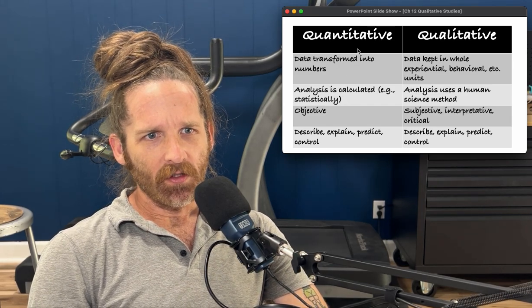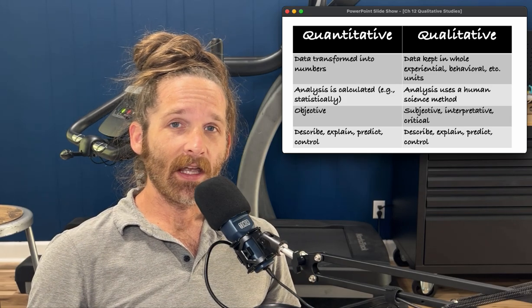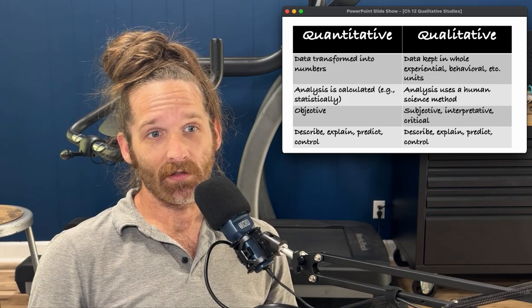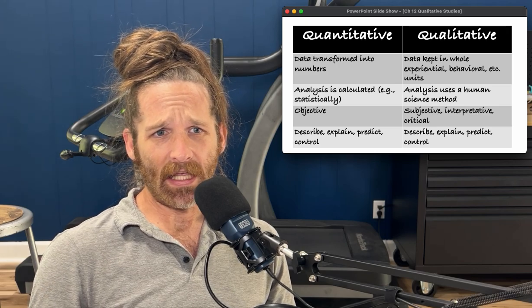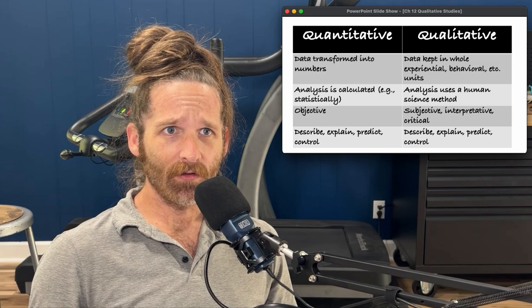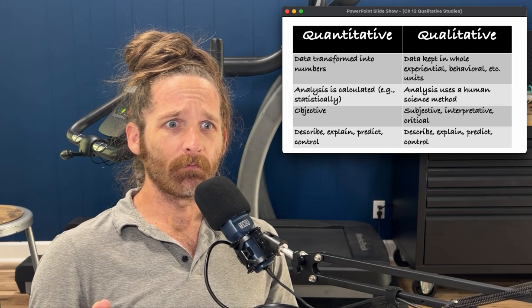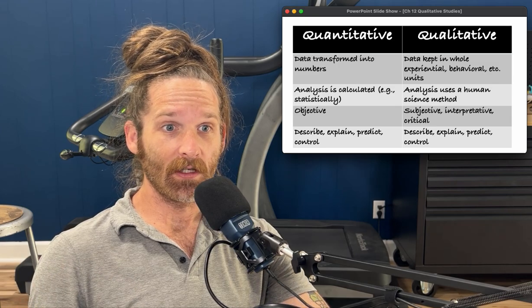In quantitative research, the analysis portion, so once the data has been collected, it's analyzed numerically, famously statistically, but also just counting or collating numbers, combining numbers, creating equations to test or assess values.